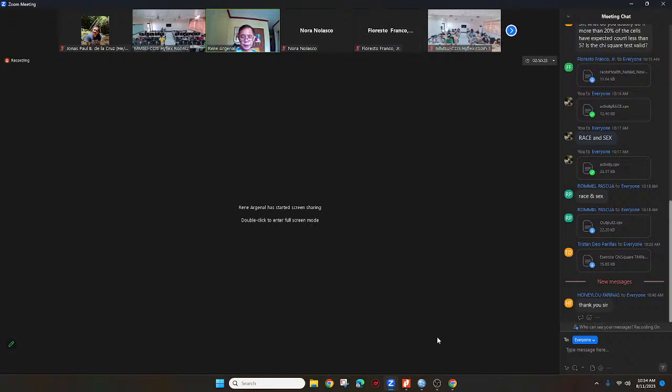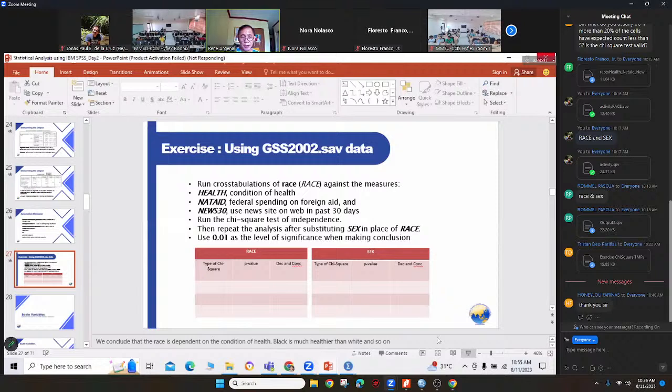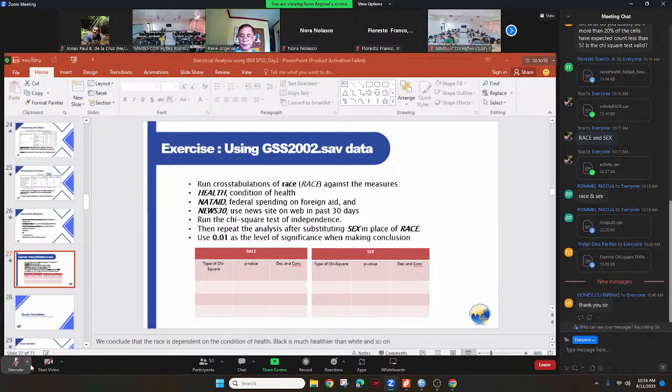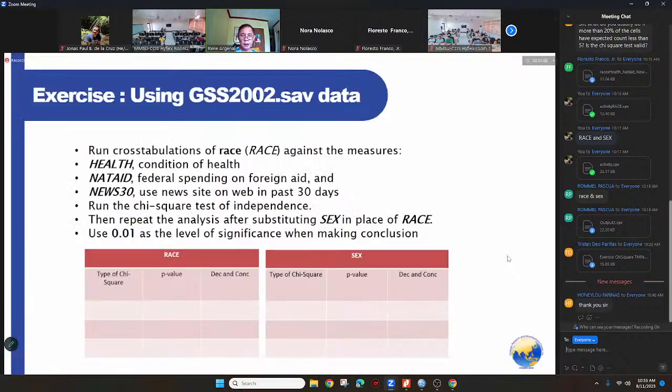Okay. So we proceed to the next topic, which is about scale variables. When you talk about scale variables, it means that we're talking already of quantitative or numerical variables. While the computer is loading again.